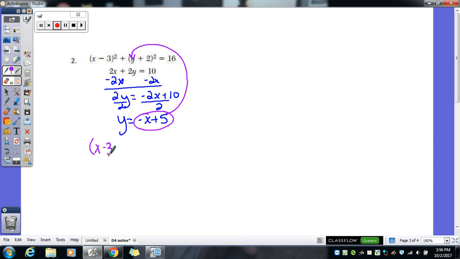So I get x minus 3 times x minus 3, because it was x minus 3 squared, plus, if I plug in here a negative x plus 5, that would give me a negative x plus 7, because the 5 and the 2 make 7, times negative x plus 7 equals 16.